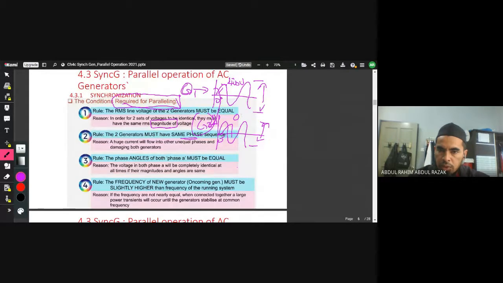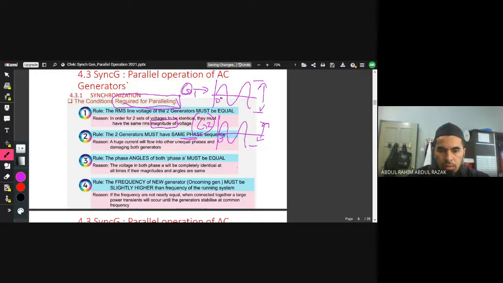So 400 volts will go into the 0 volt line and will damage the generator. Charge and discharge will happen between G1 and G2, and instead of supplying the line, they will charge and discharge the generators themselves. So it will damage the system.